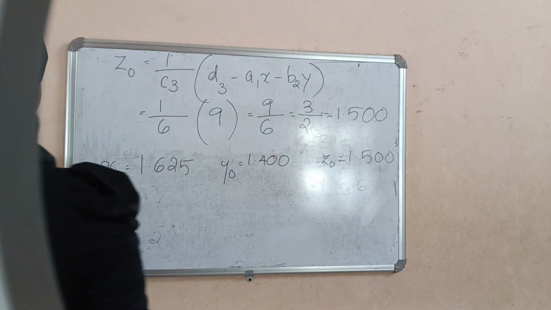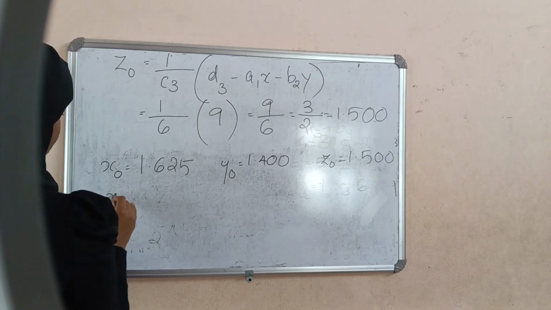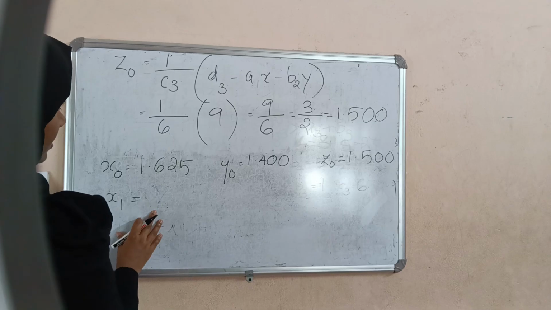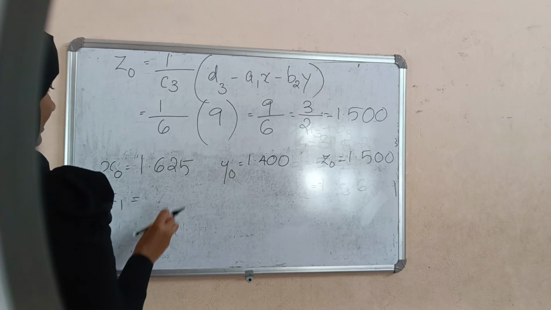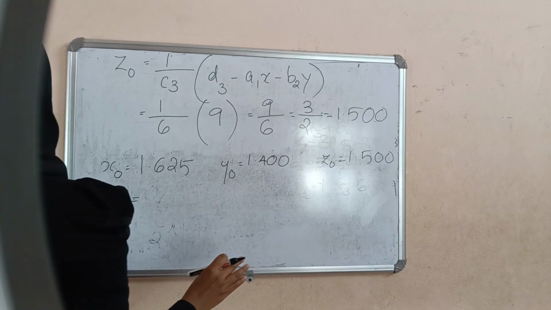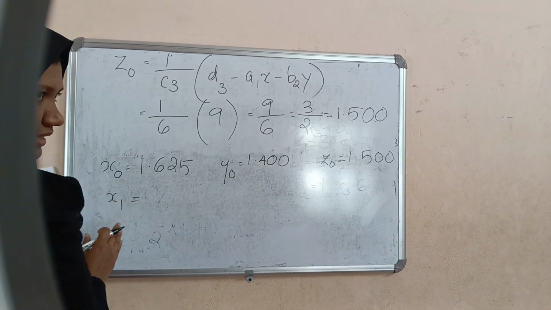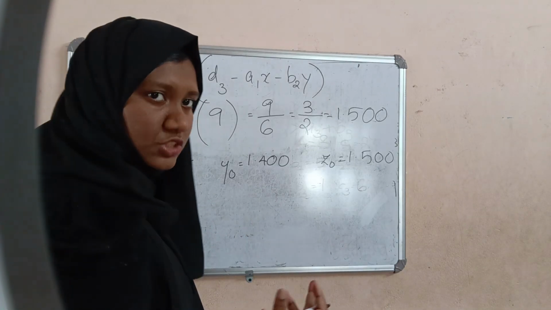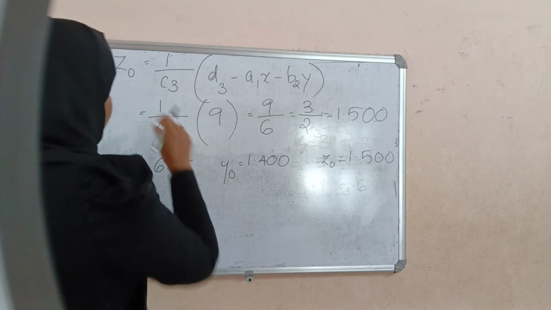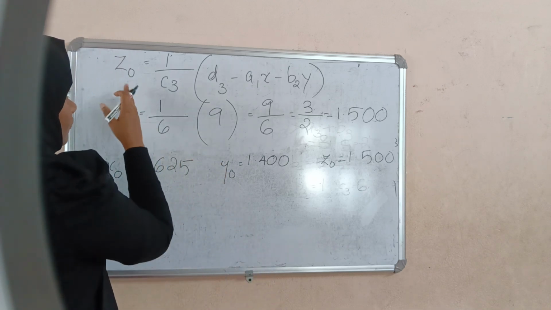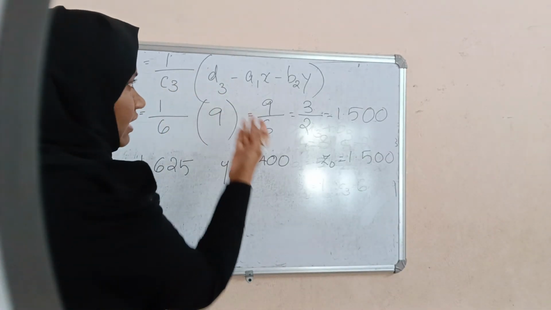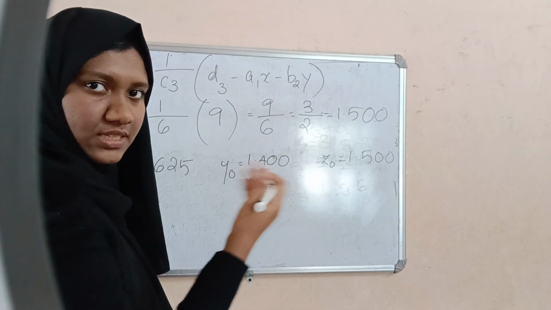Now let's calculate our x1 values. For x1, we need to use the same equation. We put in the x0, y0 and z0 values which we got, and then do the next iteration. This is a specialty of Gauss-Jacobi. We won't be taking the newly computed values within the same iteration; for example, when computing y0, I could have put in the x value, but I didn't.